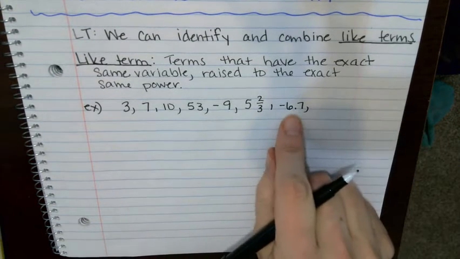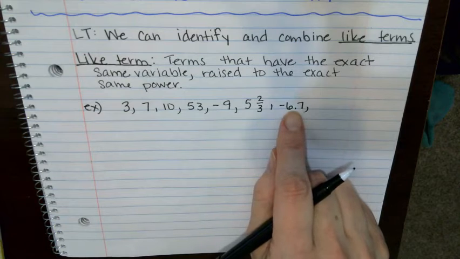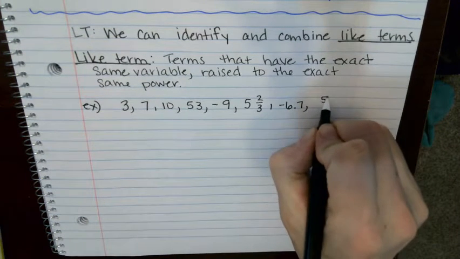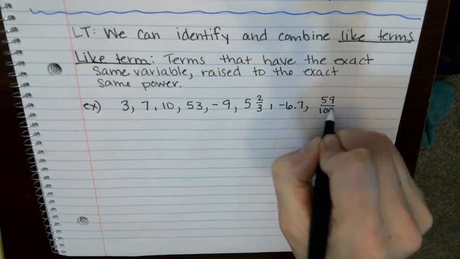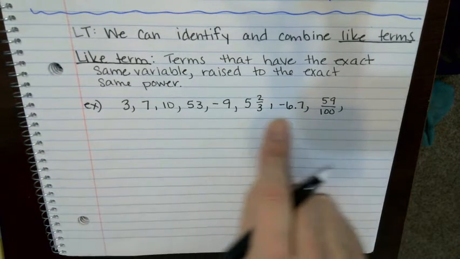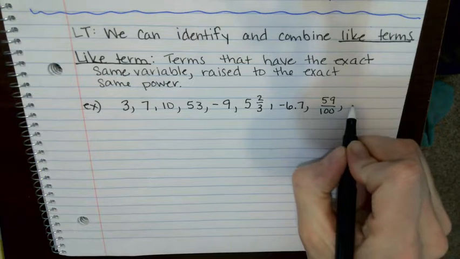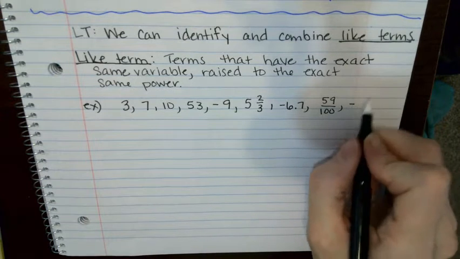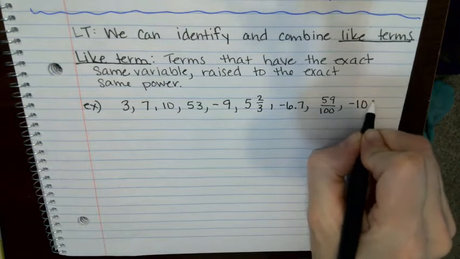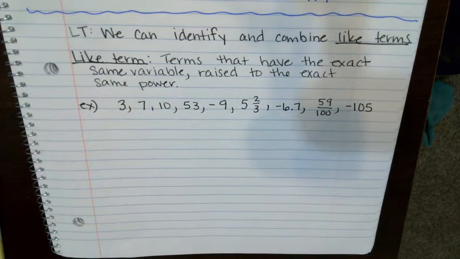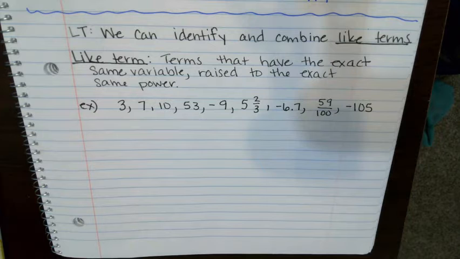Again, you don't have to know how to operate with the negative right now. Maybe you have 59 over 100. Still all alike, all in the same category. Maybe you have a really big number or a really small number like negative 105. All of these are alike because they are numbers without a variable.